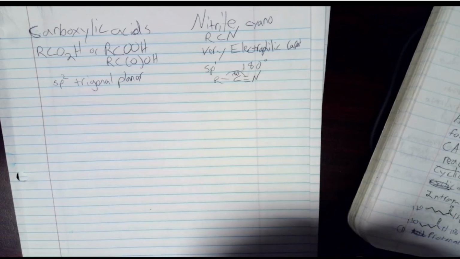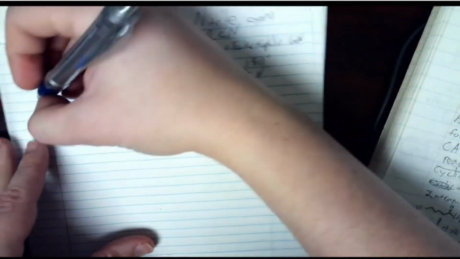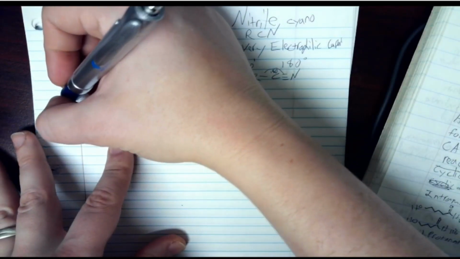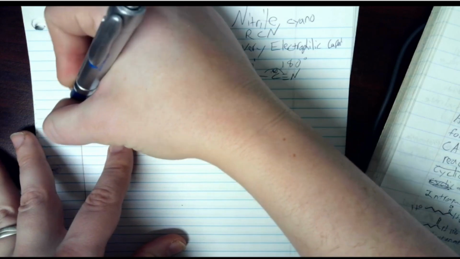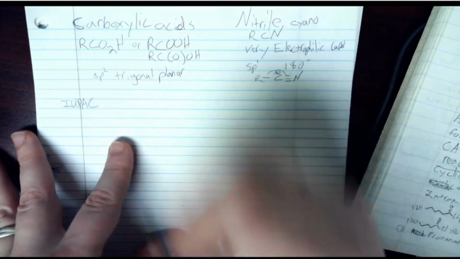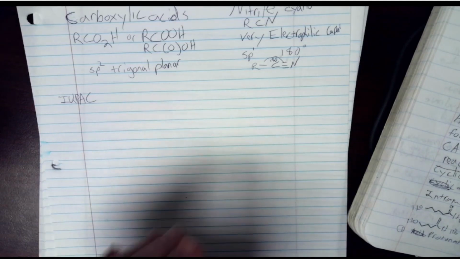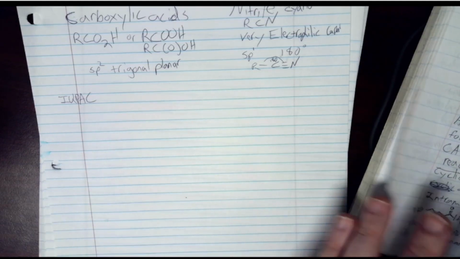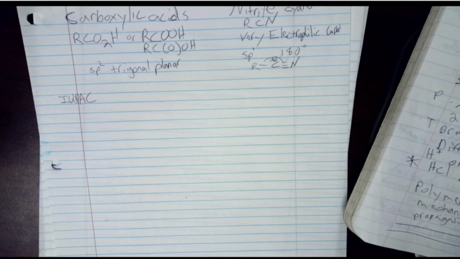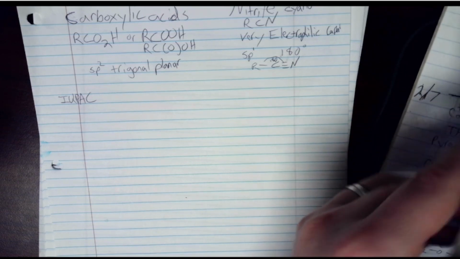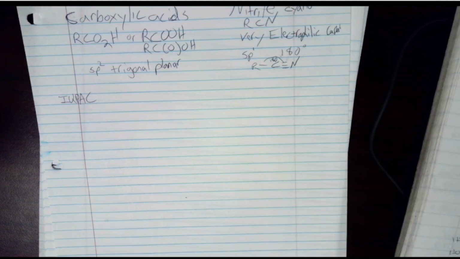When it comes to naming these guys, the carboxylic acid is usually going to be one of the defining characters in the IUPAC name. I'm pretty sure it tops just about everything else.